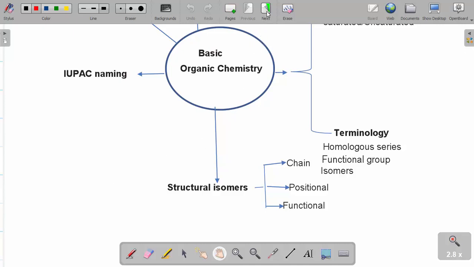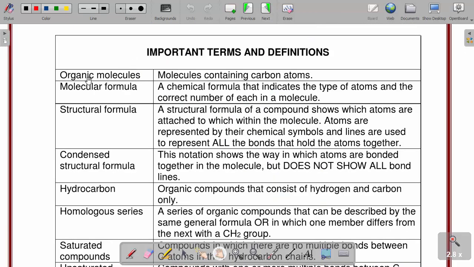Let us look at the terms and definitions in this topic. Now, organic molecules, these are molecules containing carbon atoms. Then molecular formula, that is a chemical formula that indicates the type of atoms and the correct number of each in a molecule.